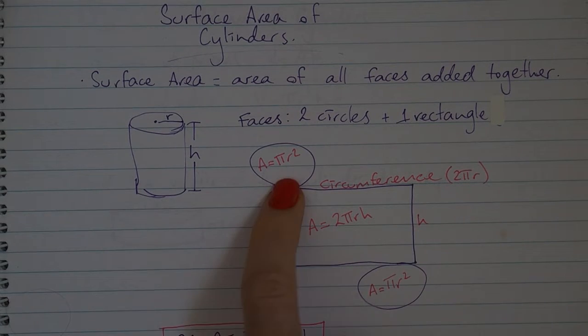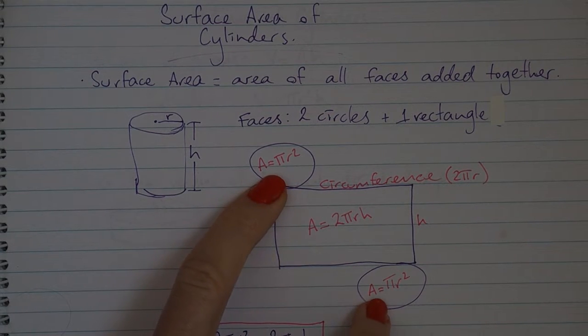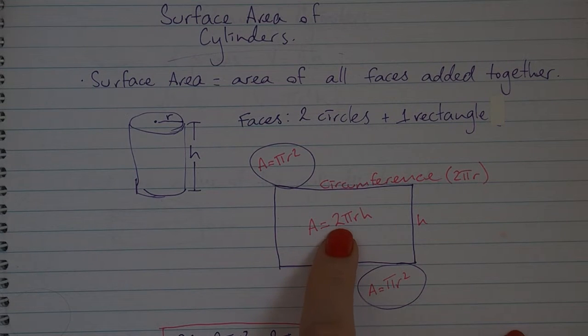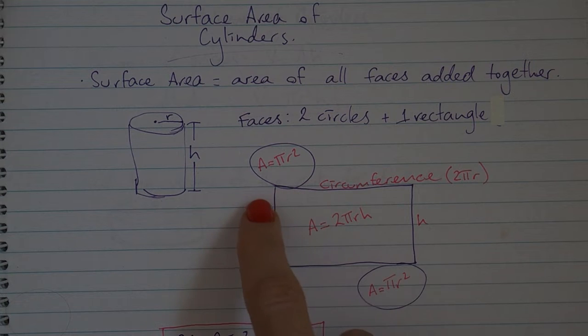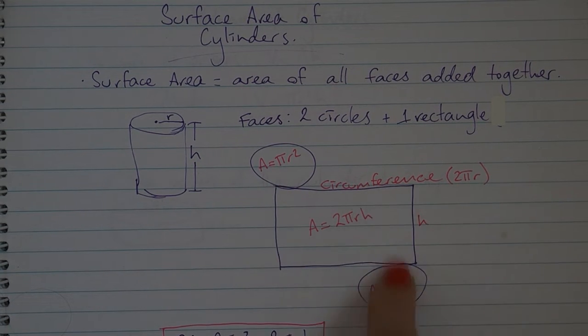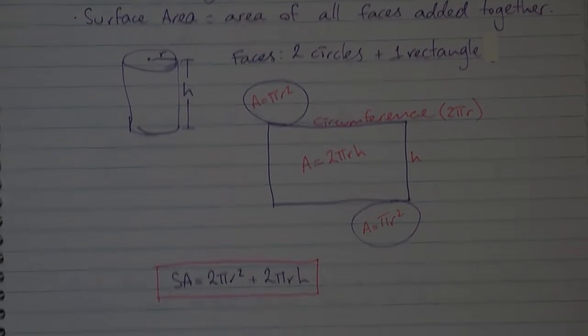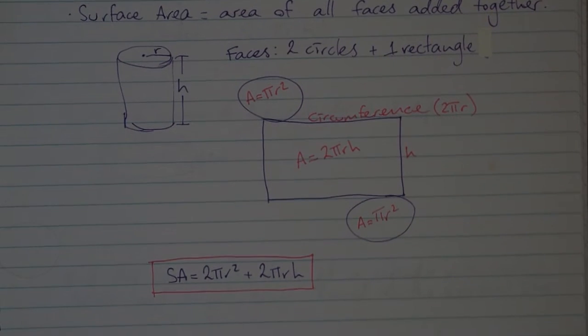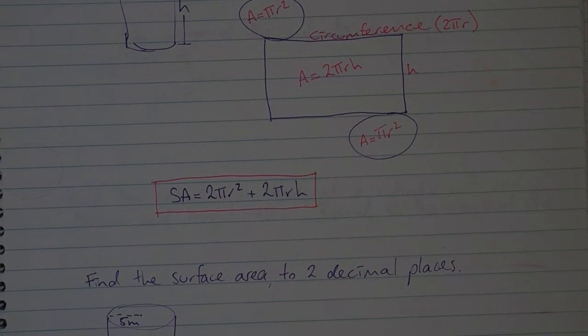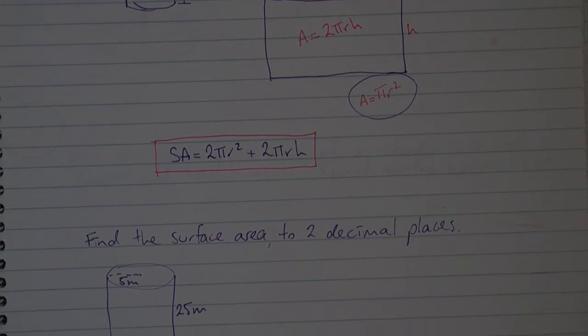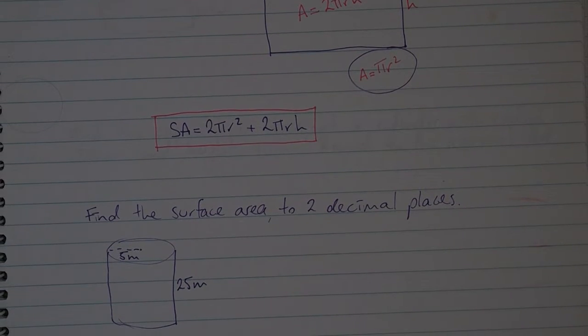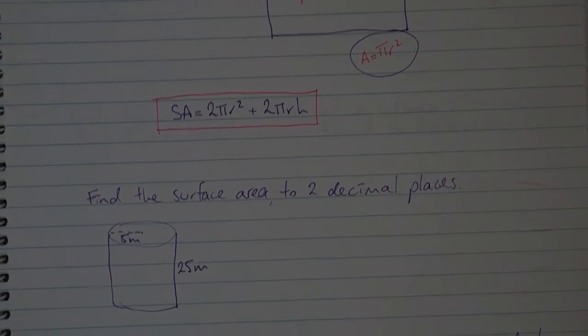So we have two circles that have an area of pi r squared each, as well as a rectangle which has an area of 2 pi r h, because our rectangle is length times breadth, our length is 2 pi r, our breadth is h. So that gives us our surface area formula of 2 pi r squared plus 2 pi r h. So 2 pi r squared because there's two circles.